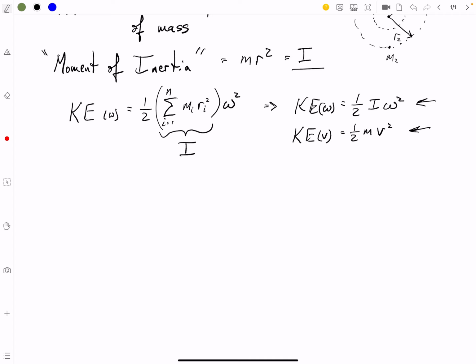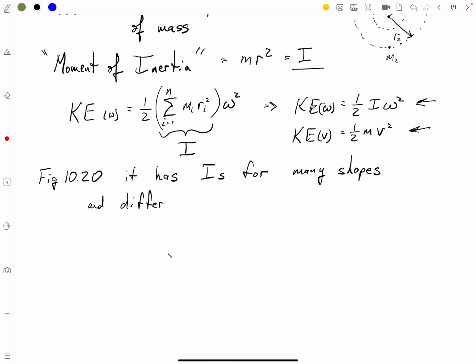So figure 10.20. It has I's for many shapes and different axes of rotation.